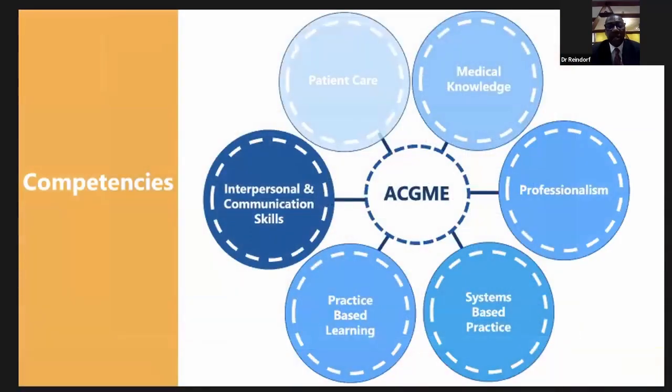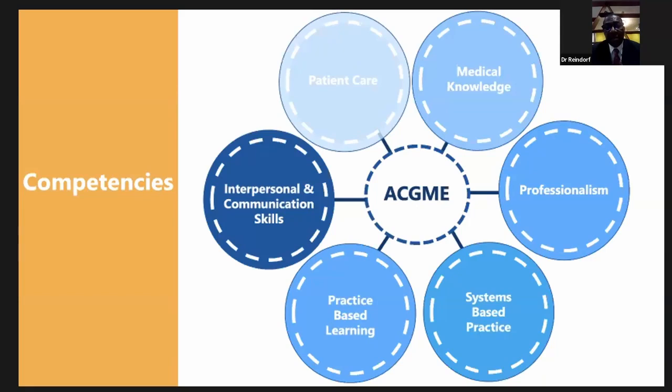So this is what I've already referred to, the American Accreditation Council for Graduate Medical Education of the United States. So patient care is a competency that irrespective of the specialty is required. Medical knowledge, what some would call the book stuff, then professionalism, systems-based practice. How does your practice relate to other specialties or the entire environment of your community?